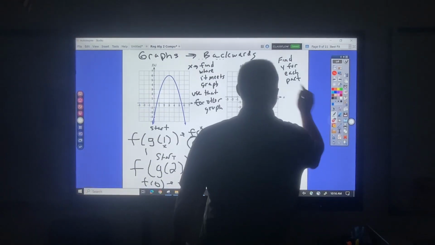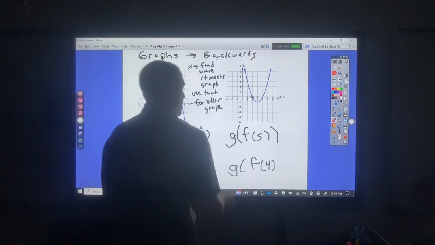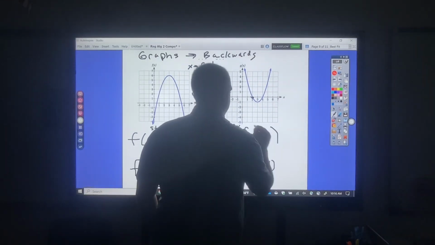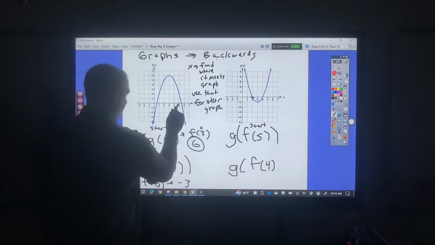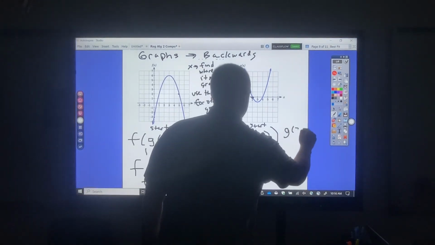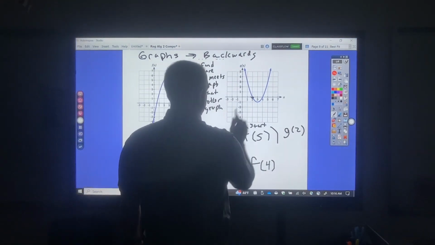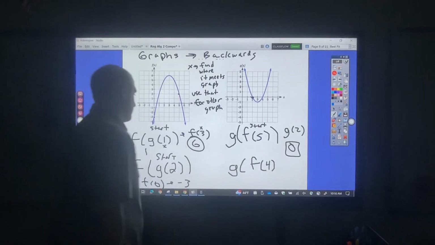Basically, that's sort of what's going on here. Now, on this one, I want to start on here. So f of 5. So 5 is here. Where does it meet the graph? It meets the graph at 2. So now I'm going to find g of 2. G of 2, where does that meet the graph? Right here. So that's going to be 0 for a final answer.